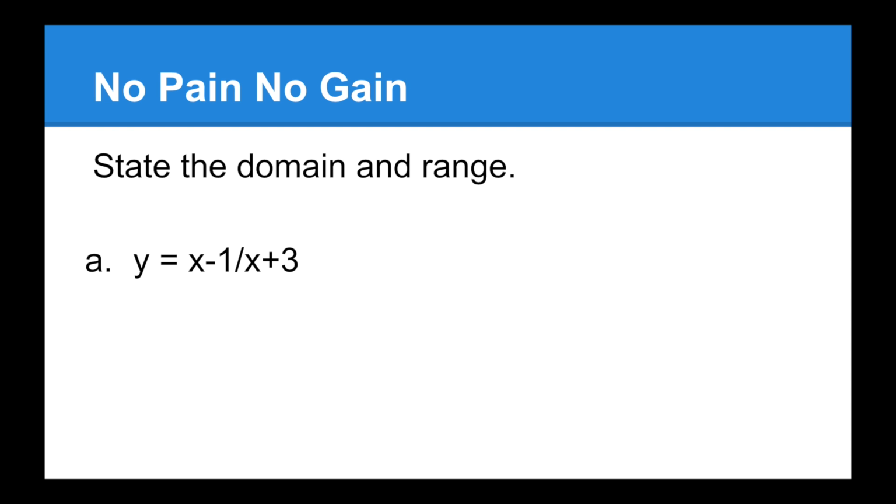If you use this on this example, then the y asymptote becomes 1 and the x asymptote becomes negative 3. So the domain will be x equals all real numbers except negative 3, and the range will be y equals all real numbers except 1.